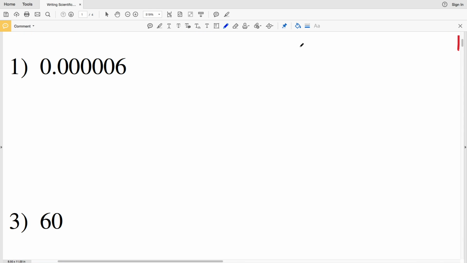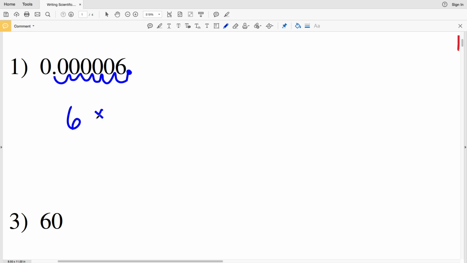Now remember, we need our number in the ones place. So we're going to have to move the decimal 1, 2, 3, 4, 5, 6 times in order to get that 6 as a whole number.